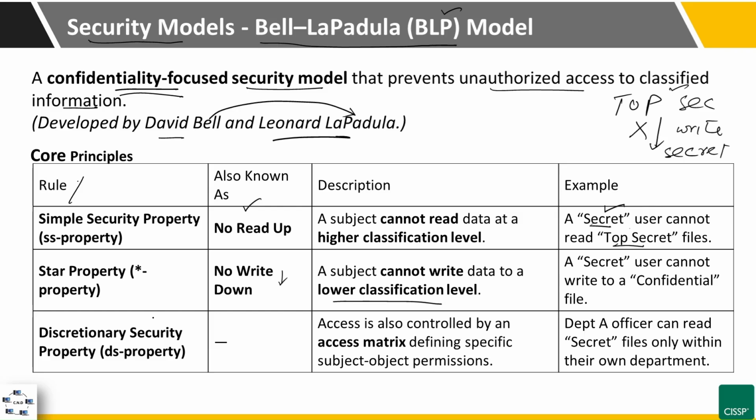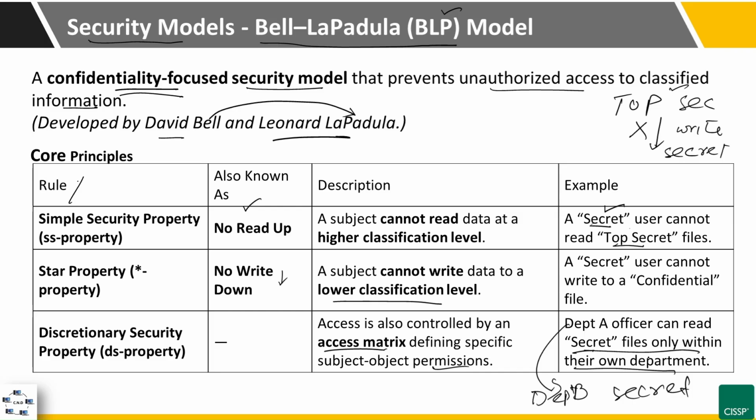The last, optional rule is the discretionary security property, where access is also controlled by an access matrix defining specific subject-object permissions. For example, a Department A officer can read secret files only within their own department. If a user is in Department A and has the security clearance of secret, it does not mean that this user can view files in Department B that have the same secret clearance.